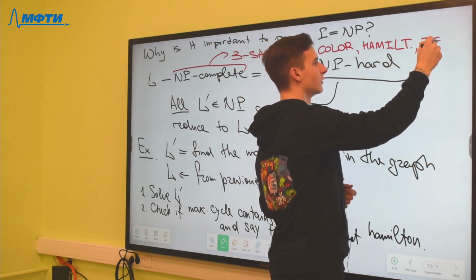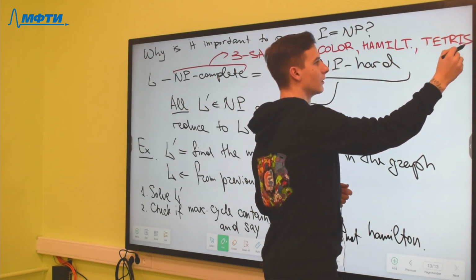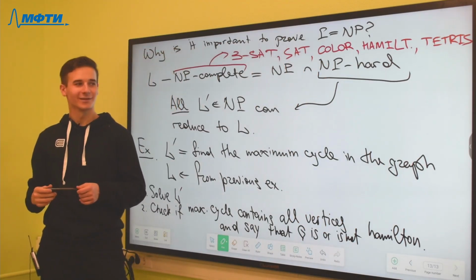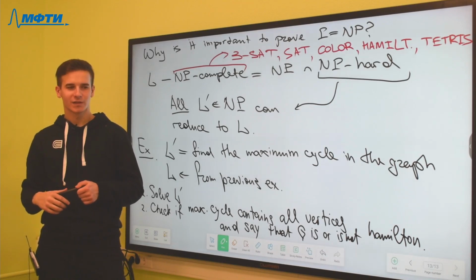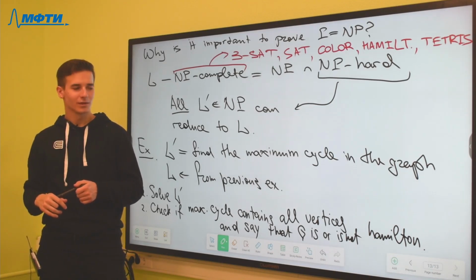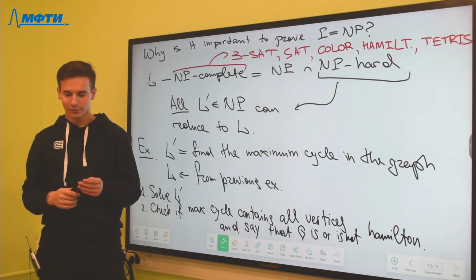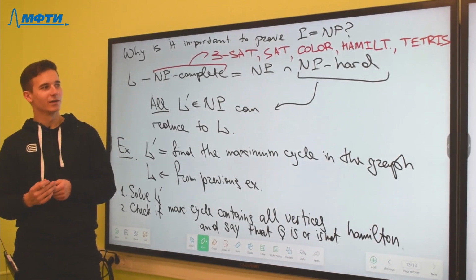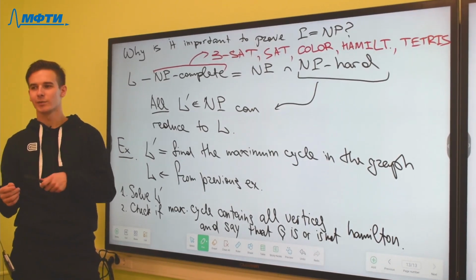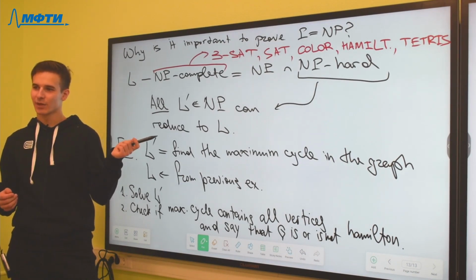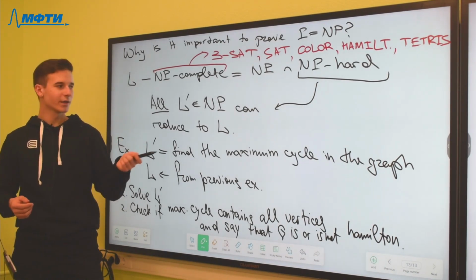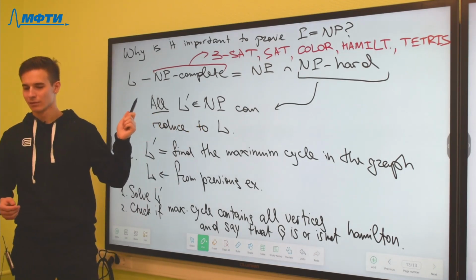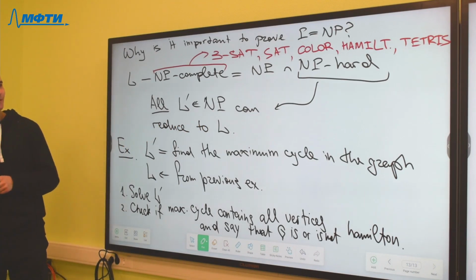And as games, Tetris is also NP-complete. It's interesting that some games are very hard to solve in the general way. If we find a polynomial solution for Tetris, we can find a polynomial solution for every NP task.